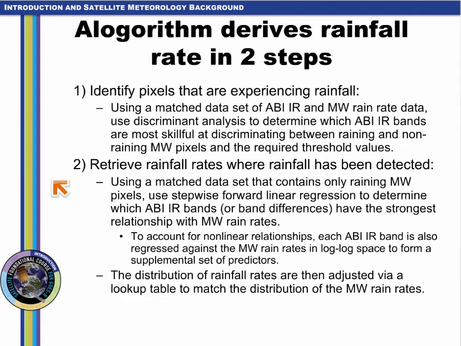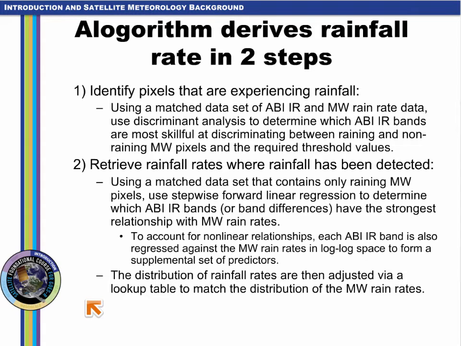It uses a stepwise forward linear regression to determine which ABI-IR bands, or band differences, have the strongest relationship with microwave rain rates. To account for nonlinear relationships, each ABI-IR band is also regressed against the microwave rain rates in log-log space to form a supplemental set of predictors.